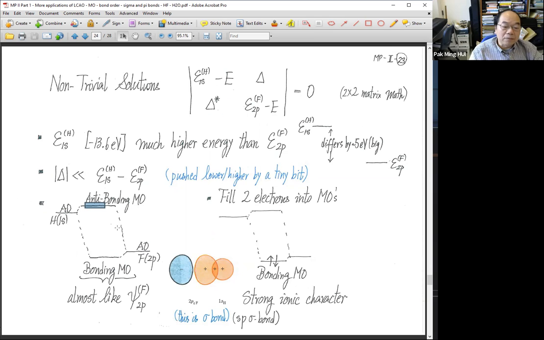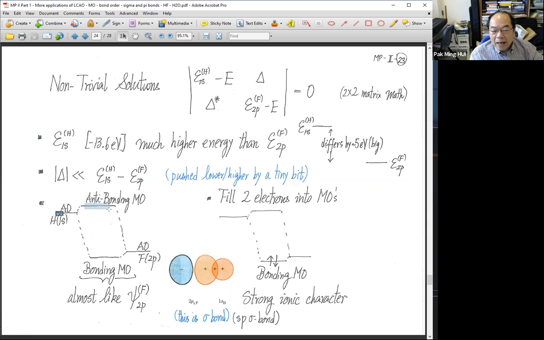Follow? Now, an even higher level thinking. This MO is closer in energy to fluorine. Therefore, this wave function has a large part, I mean the coefficient is big, coming from fluorine and a tiny part coming from hydrogen 1s. The antibonding one is close to hydrogen.